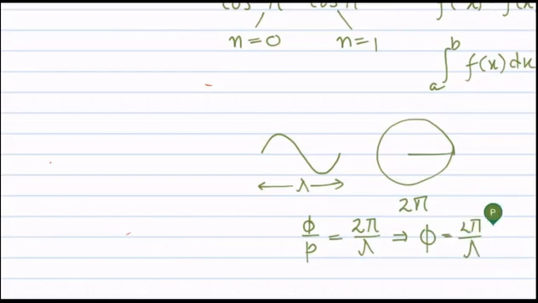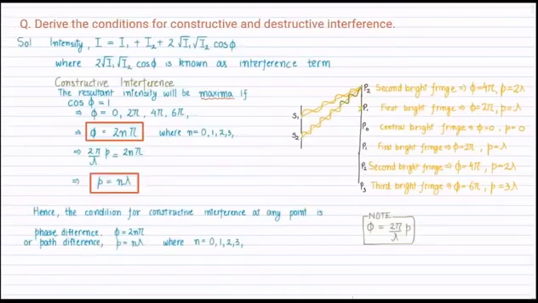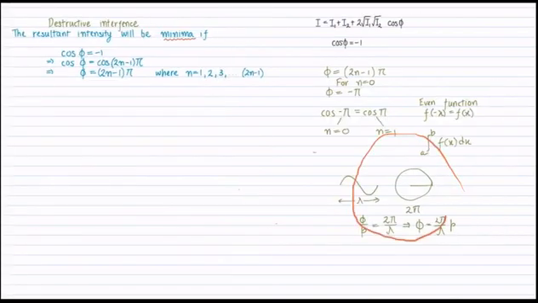Can you see this relationship between phase and path difference? If you cannot remember why we took the previous relation, you can remember it like this, as long as you have the concept of how we are getting this relation.